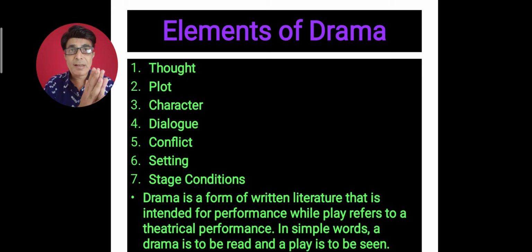Setting means the place where the drama is performed, what kind of place is presented, how it is described, and stage conditions. Stage conditions means costumes, other properties on the stage and all. So friends, these are the 7 important elements of drama which I have already discussed in one of my previous videos. You can watch this later.